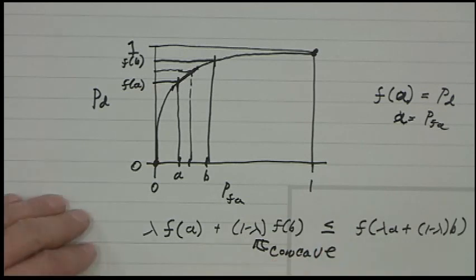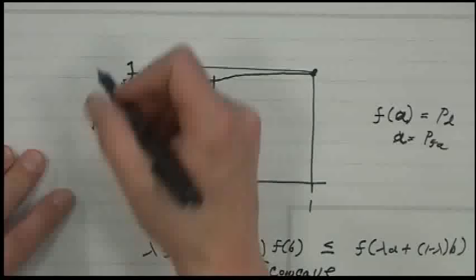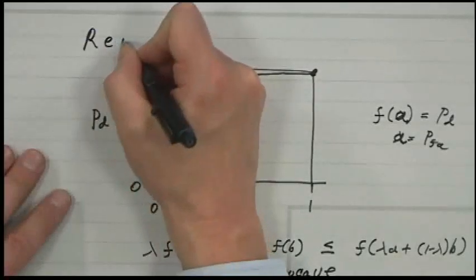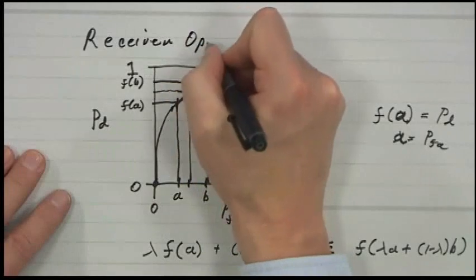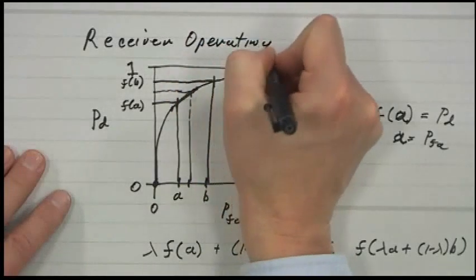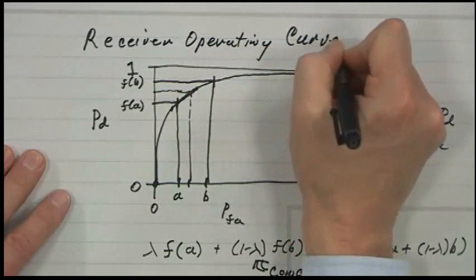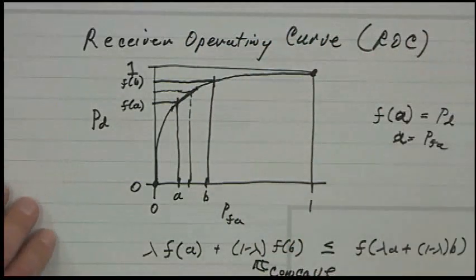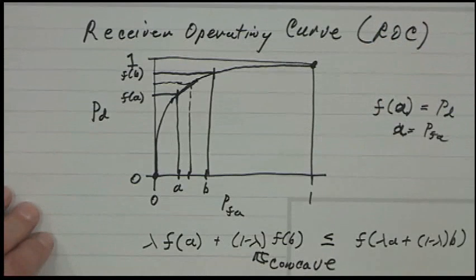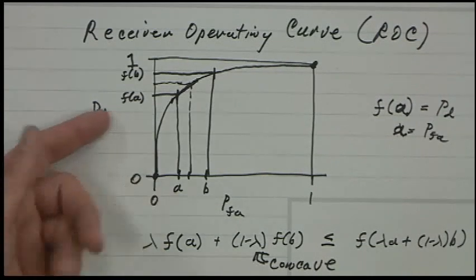Now, this curve here is called the receiver operating curve, or ROC. Every community that's ever tried to solve a problem like this has either independently rediscovered this, or they refer back to this, okay.